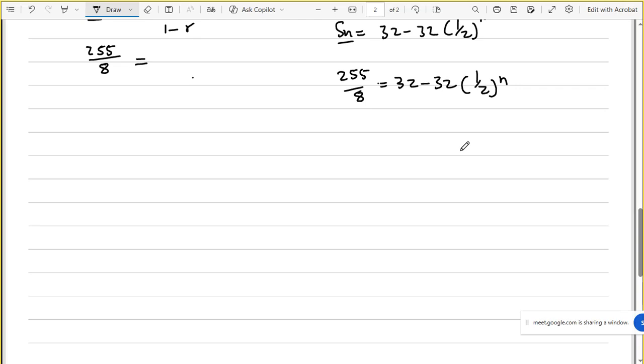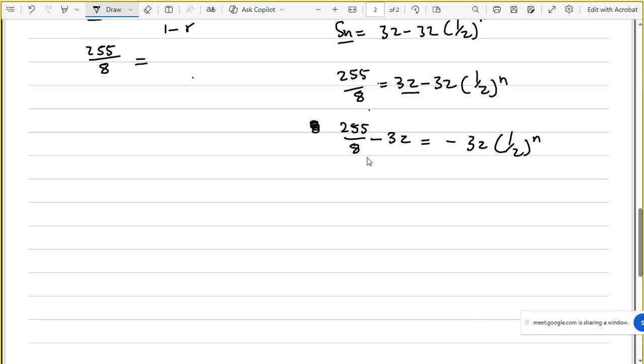Yes. To solve for n, the first thing we need to do is take this 32 to this side as negative. So this will be 255 over 8 minus 32, which is minus 32 into 1 over 2 to the power n.